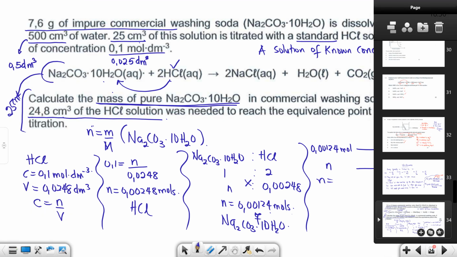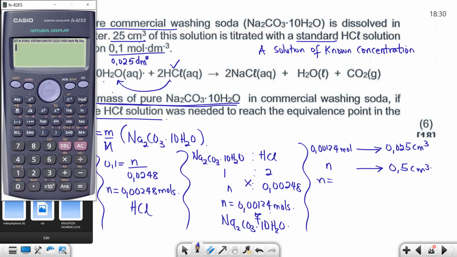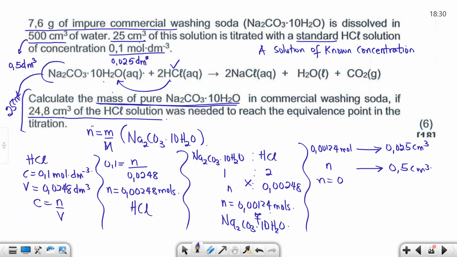Let's cross multiply and divide. The one we got was present in 25. But if we take it back into the original, it's going to be 0,00124 multiplied by 0,5 divided by 0,025. This is where the little trick is. What do we have? 0,0248.